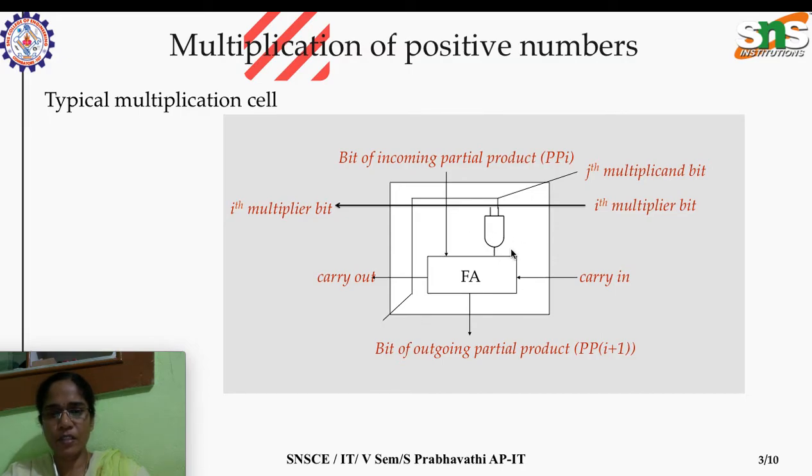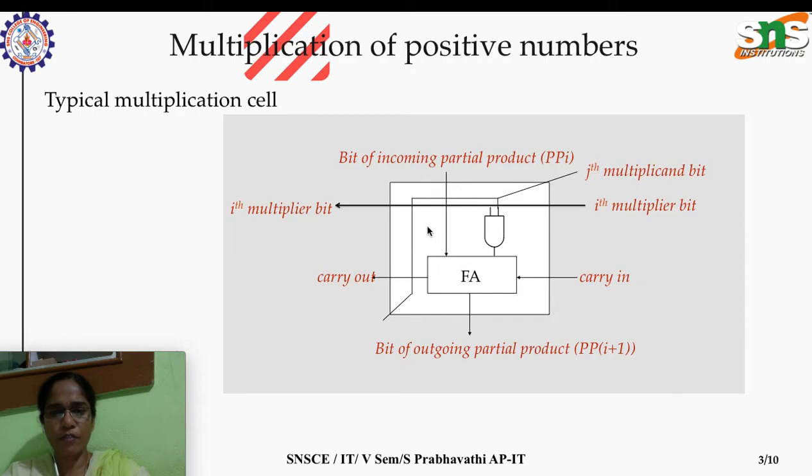One is the carry, another is the multiplier and multiplicand logic implementation, and the other input is the partial product, which needs to be added, is it not? And the full adder will produce the product bit and the carry out.